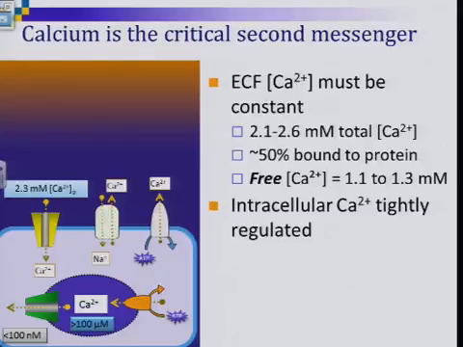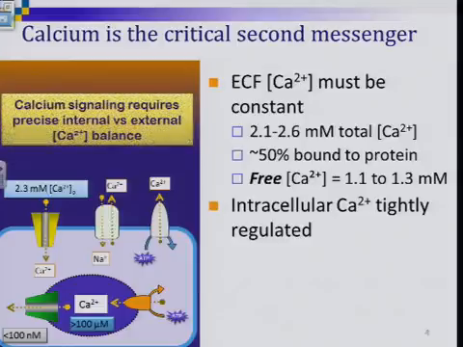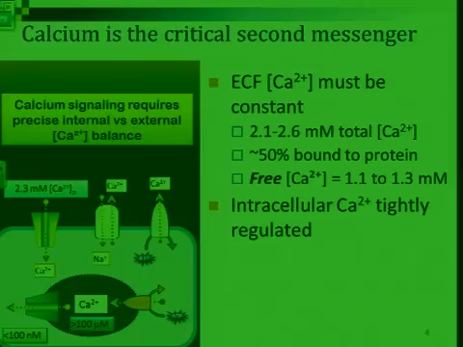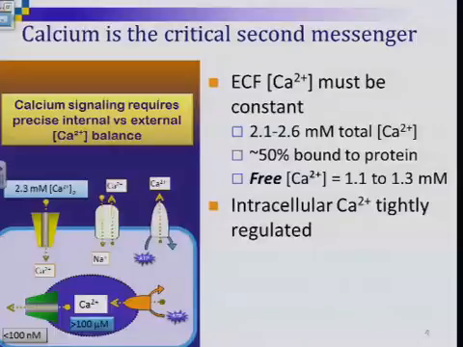In the intracellular stores, it's about 100 micromolar. And that amazingly low intracellular calcium concentration in the face of very, very high concentrations outside the cells and in the stores is critically important for cell survival because calcium signaling is that important. So calcium signaling requires precise internal versus external calcium balance.